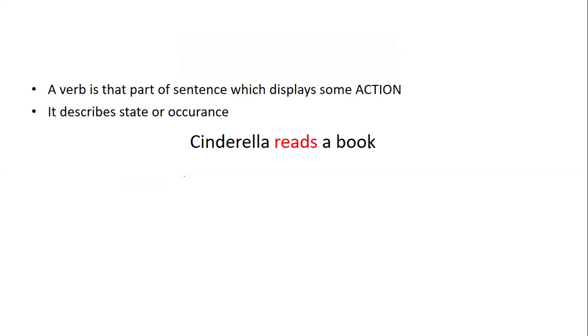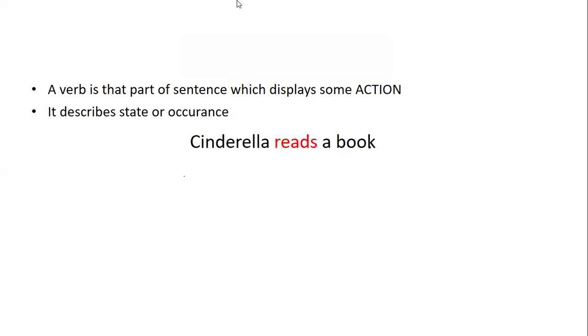Cinderella reads a book. The whole statement revolves around Cinderella. So our subject is Cinderella. And here, we are not saying a girl reads a book. This time we know the name of the girl. It's Cinderella. So Cinderella is a proper noun. What action is being done? Reading is done. So she reads a book. So reads is our verb. And which book, we don't know.